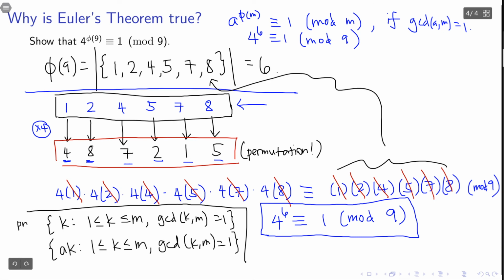So you take the products of all these numbers in both sets and set them equivalent to one another in a congruence, and then cancel all these k values from each side. And so that's the idea of the proof there.